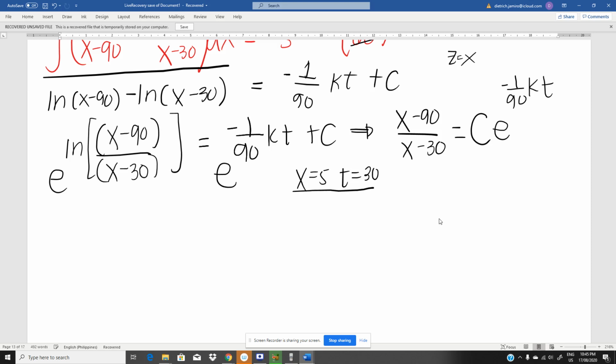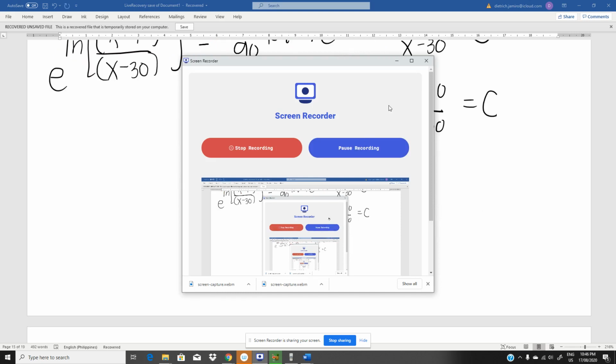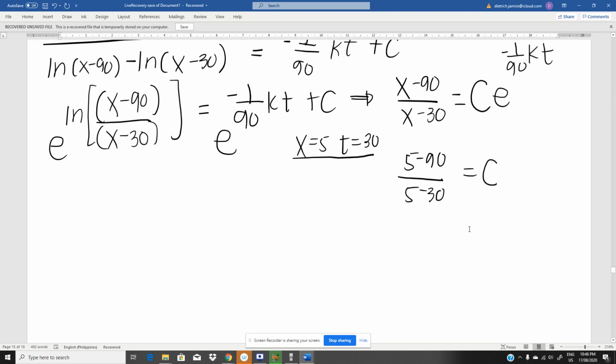So substituting this to get our value of c, we will have 5 minus 90 all over 5 minus 30 is equal to c. Sorry, I made a mistake. So we will not use this one.